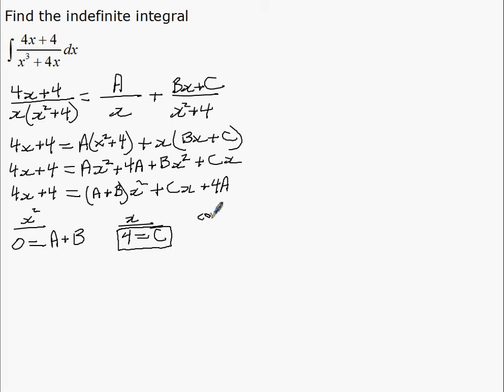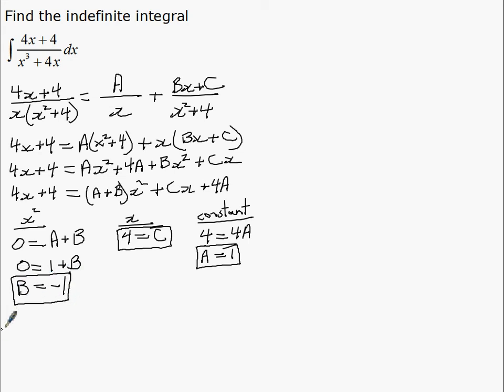And then for the constant, on the left 4, and on the right 4a, and that tells us that a has to be 1, meaning we can put 1 in here. 1 plus b has to be 0, which tells us b has to be negative 1. And there are our three unknowns, a, b, and c.